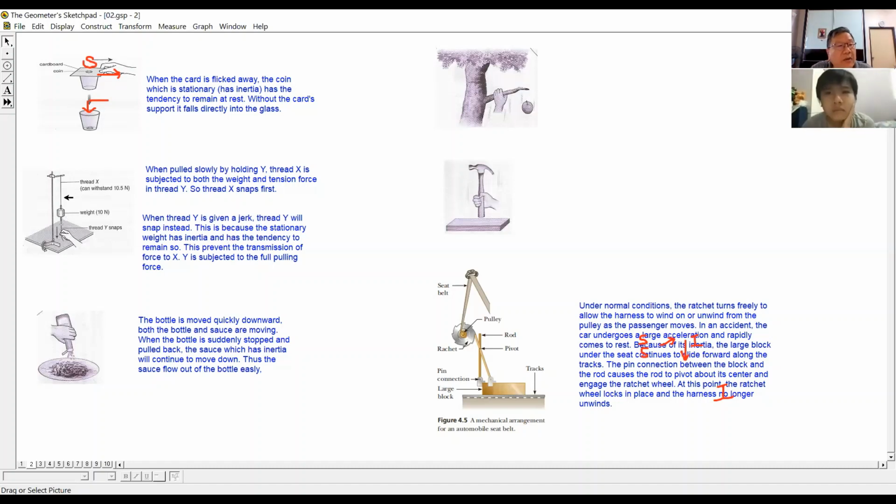When you pull slowly, because the string at the top and the string at the bottom are the same size and made of the same material, the string at the top not only has to support the weight, it is also fighting against the tension at the bottom. So the string at the top is subjected to two forces.